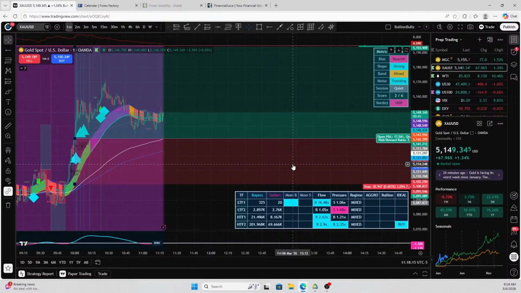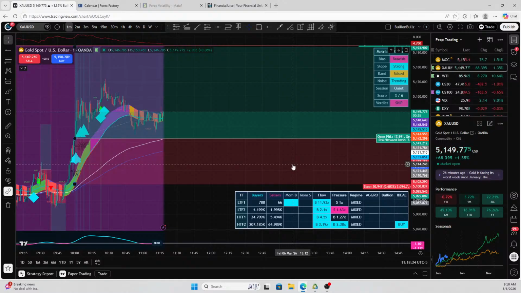And this pretty much works for everything. It works for gold, it works for silver, it works for US 30, US 100, it works for stocks, it works for everything. And that's the power of our Bullion Bullz Trendmaster system.